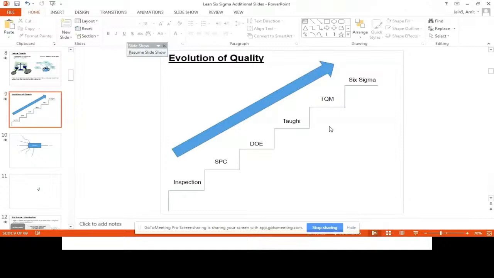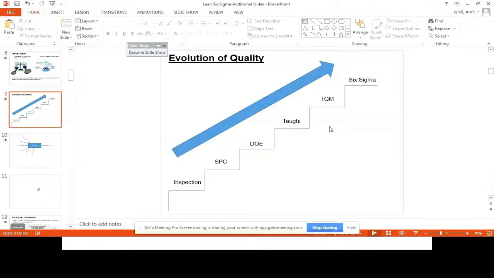Okay, so there were many companies who started to put into practice the various management systems, and eventually what they realized is that these management systems were not impacting the bottom line of the companies. One of the main reasons is that these were presented as philosophies, and not as tools or techniques which will actually impact the bottom line.